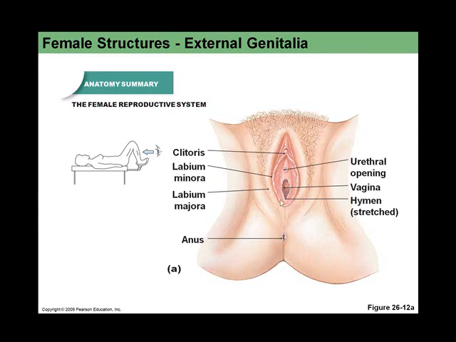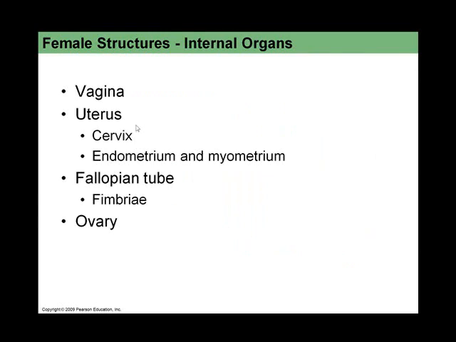They're not showing it, but the bulbourethral glands open into the posterior portion of the vestibule of the vagina, secreting mucus similar to the secretions in the male.